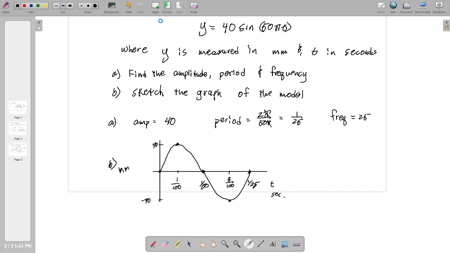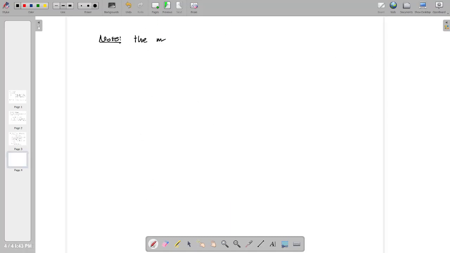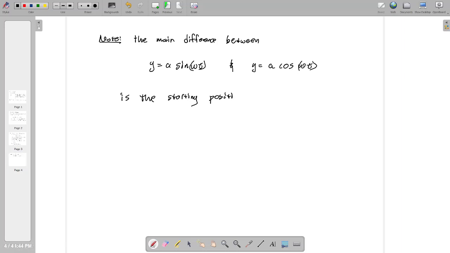You also want to make a really quick note here. The main difference between y equals a sine omega t and y equals a cosine omega t is the starting position. Cosine starts at a maximum, sine starts at 0. Now when I say that they start at a maximum or start at 0, I mean that when t is equal to 0, at the starting point, cosine has already reached its maximum value.